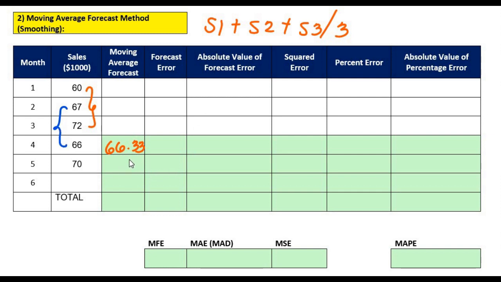To get the forecast for month 5, that is the average of months 2 to 4. 67 plus 72 plus 66, that is 205, divided by 3, that would be 68.33.